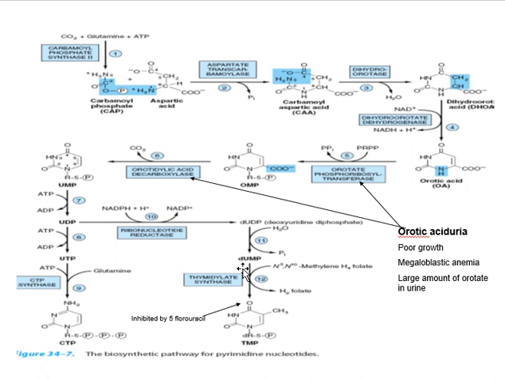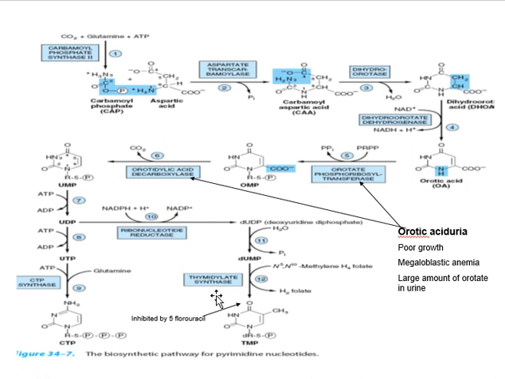Then this deoxyuridine monophosphate reacts with methylene tetrahydrofolate, which provides the methyl group to the dUMP. After the attachment of this methyl group to the dUMP, it is converted to TMP, thymidine monophosphate, and this reaction is catalyzed by the enzyme thymidylate synthase.